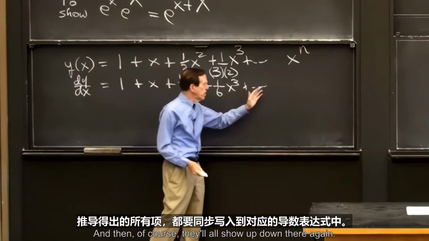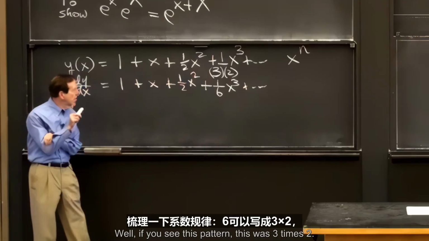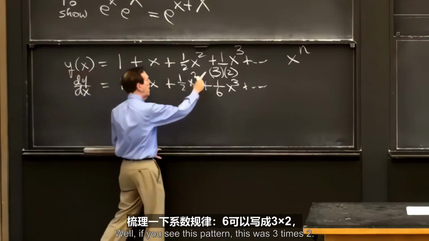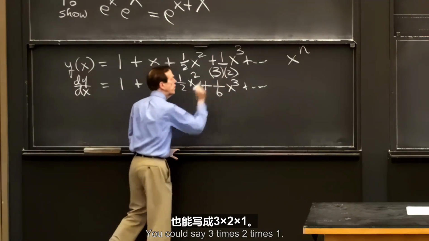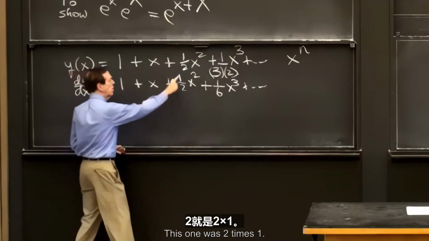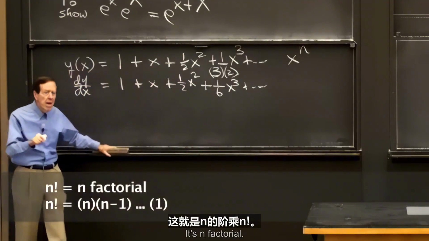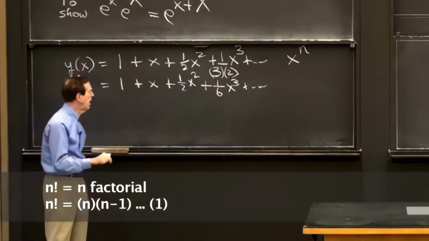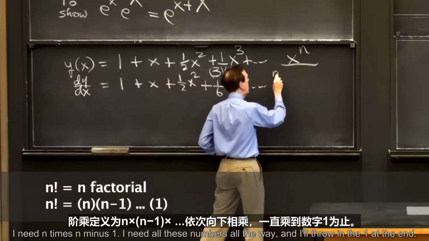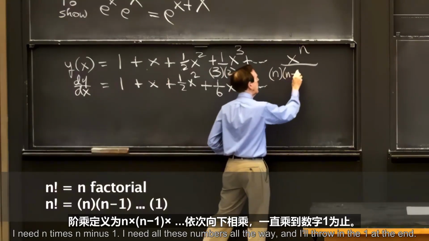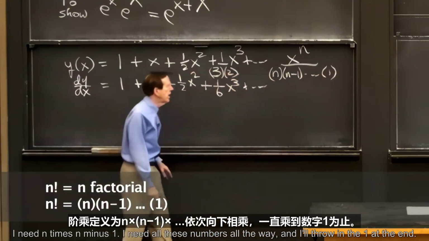And then, of course, they'll all show up down there again. Well, if you see this pattern, this was 3 times 2. You could say 3 times 2 times 1. This one was 2 times 1. This one was just 1. It's n factorial. N factorial is what I need. I need n times n minus 1. I need all these numbers all the way, and I'll throw in the 1 at the end.